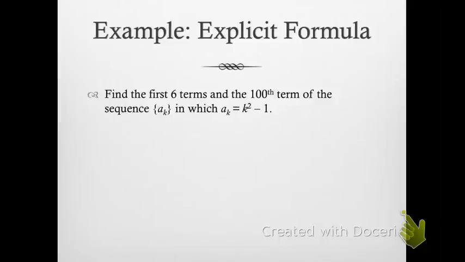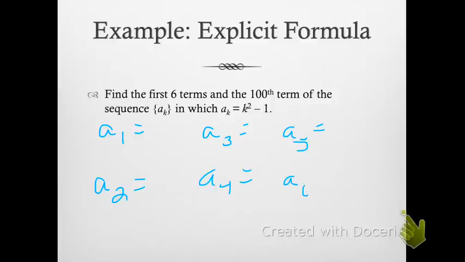So let's take a look at this for a second with an example with an explicit formula. I can find the first 6 terms and the 100th term using the explicit formula that was given to us. So what I'm looking for here, we're going to look for a sub 1, a sub 2, a sub 3, a sub 4, 5, and 6.